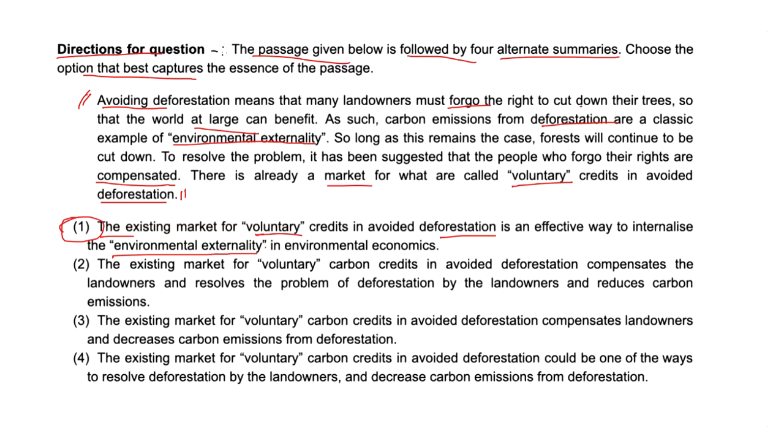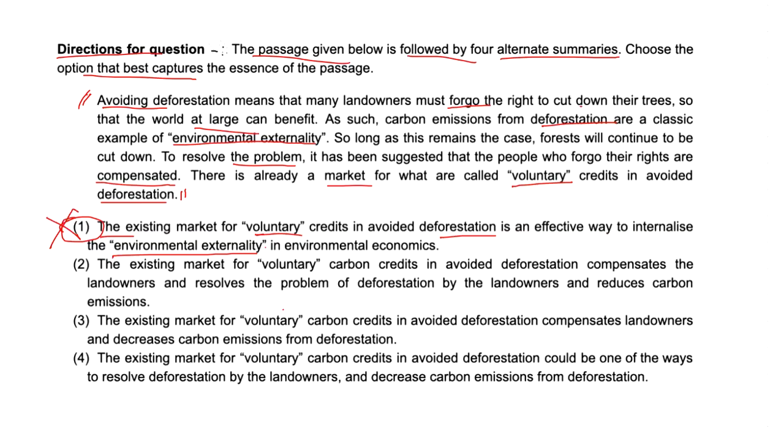The paragraph is primarily about the problem, the problem of deforestation, and the need for a solution rather than the general effectiveness of such markets. Hence, option 1 will not be the appropriate choice for the summary.